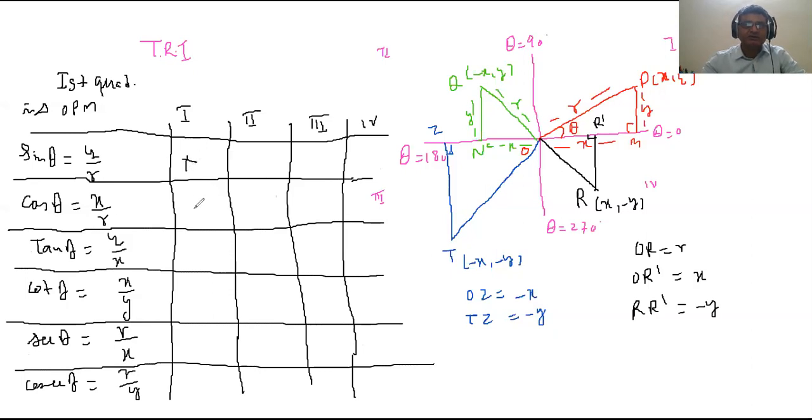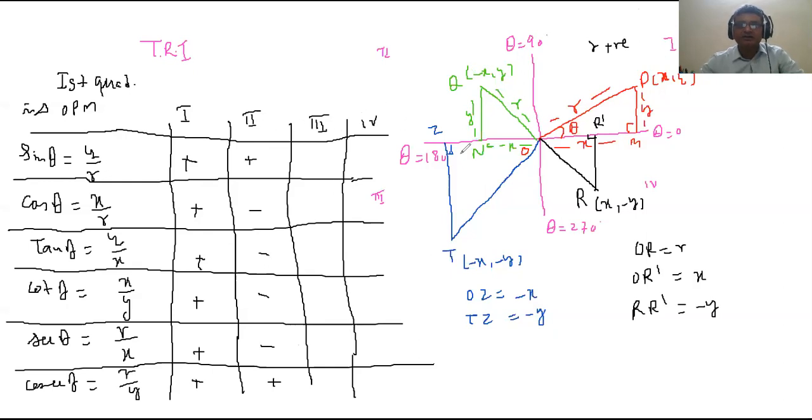So all the trigonometric ratios will be positive. While in the second quadrant, x is negative. So wherever x is present, it will have a negative sign, and where x is not there, it will be a positive sign, because r is positive.